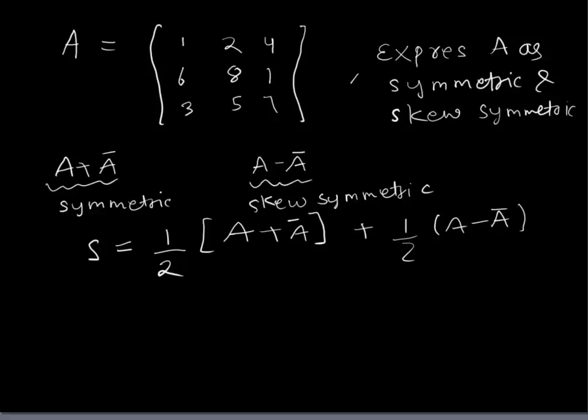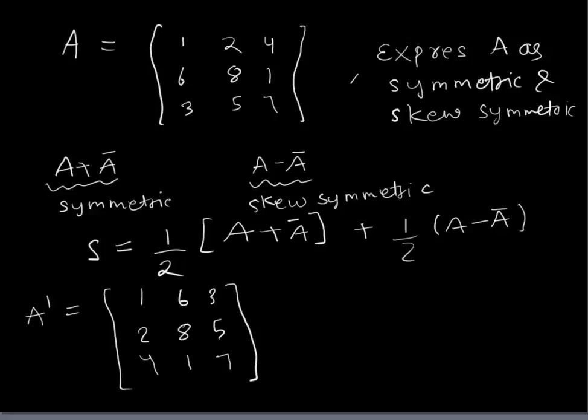So after you did that, basically it's pretty straightforward. We just take the A transpose. So the transpose of the given matrix A will be, so this is pretty simple. We just interchange the rows and the columns. So the first row 1, 2, 4 will become my first column. The second row 6, 8 and 1 will become my second column, and then finally my third row 3, 5 and 7 will become my third column.